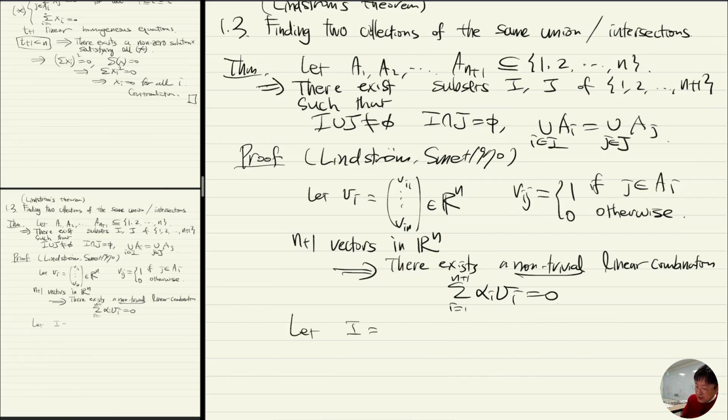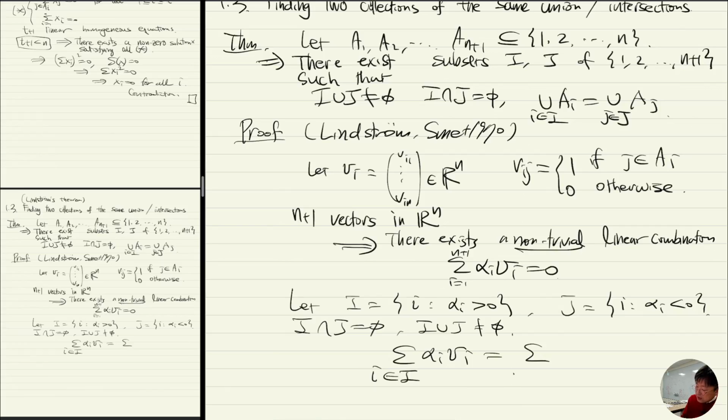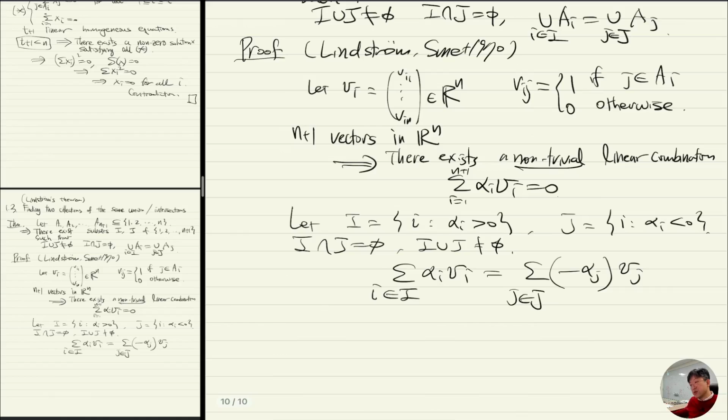So let I be the indices where alpha i is positive and j be the indices where alpha i is negative. So I intersection j is empty and I union j is non-empty. And you can easily see that when you add this together, this is what you get.